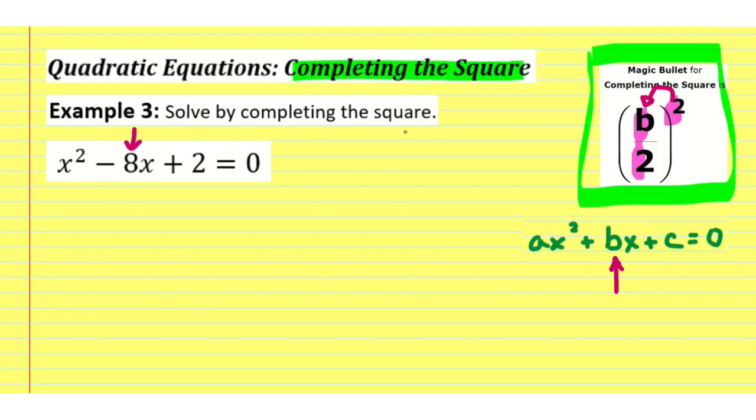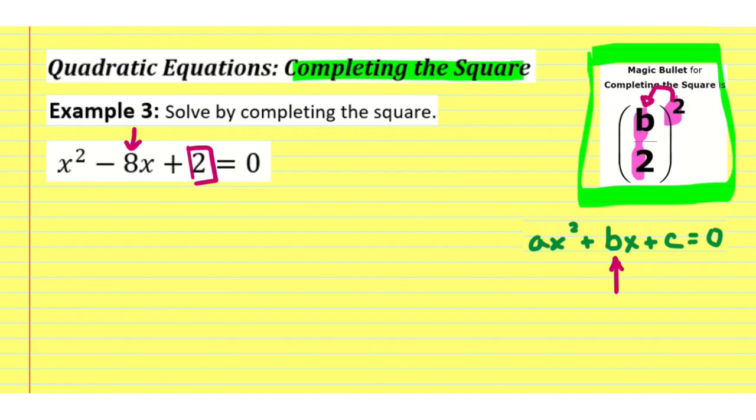Okay, but here's how we're going to set it up. We've now determined that this constant at the end of our quadratic prevented us from being able to factor it. So that means that 2 is not working for us.